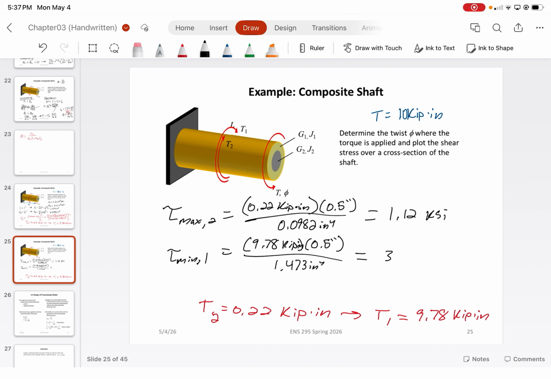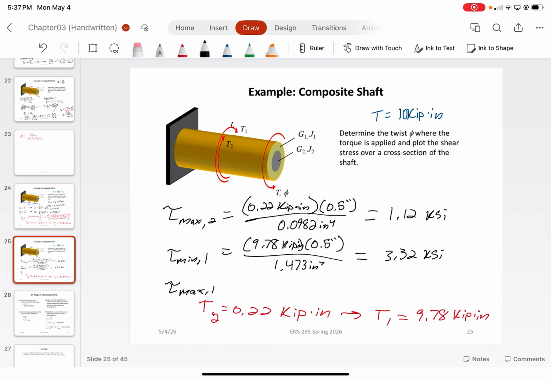Which gives us a stress of around 3.32 KSI. So we can see that there's actually a jump in the stress at that interface. And that's because the torque of that steel rod, item 1, is larger than the torque in item 2. Not to mention, of course, the radial positions are going to increase also.